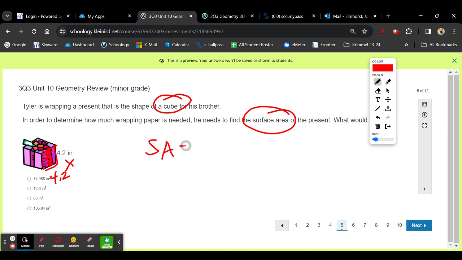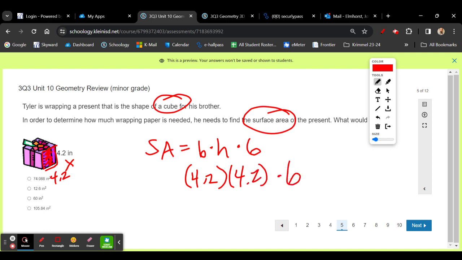So the surface area is going to be base times height times the number of sides for the cube. So we got 4.2 times 4.2, that's one side, and all sides are equal, so we just multiply that by 6 to get the total surface area.